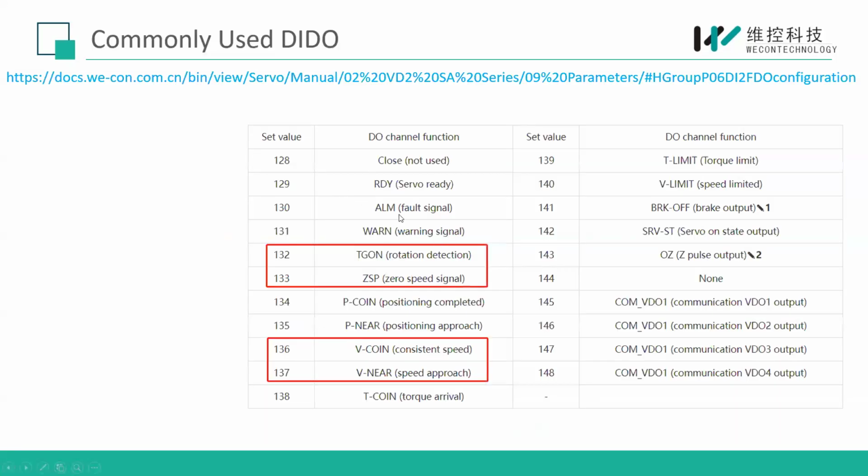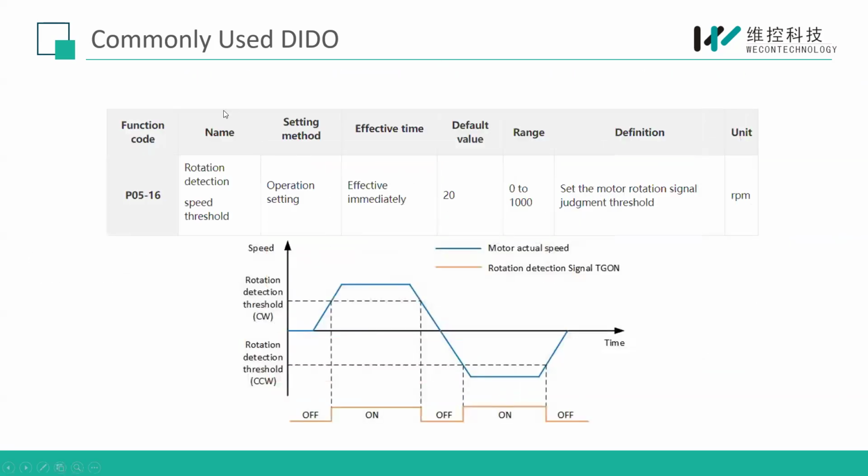And here are some commonly used DO terminals in speed mode. For example, rotation detection, zero speed signal, and consistent speed and speed approach. First, this one is the rotation detection setting. For example, the default setting is 20 RPM.